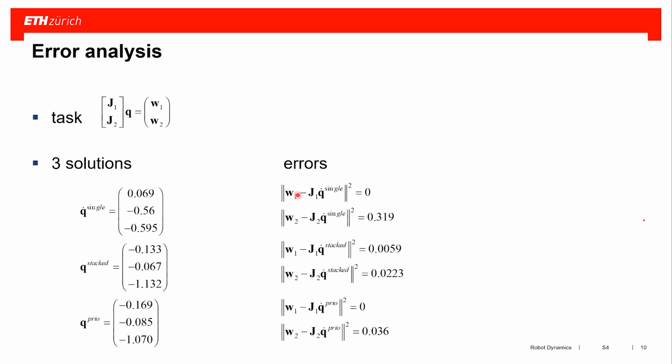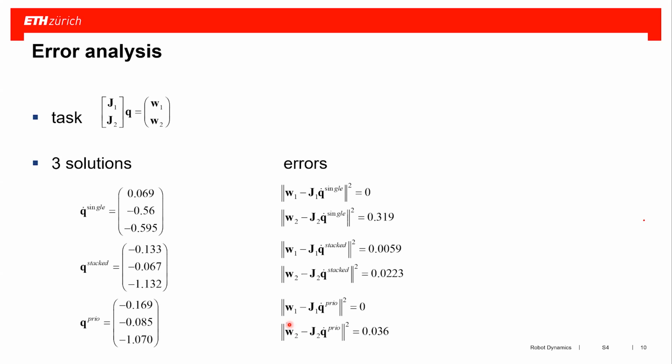Then the stacked solution, where we wanted to achieve the minimal error in the first task and the minimal error in the second task. And the third one wanted to make sure that the first task is completely fulfilled, but then I minimize the error of my second task.